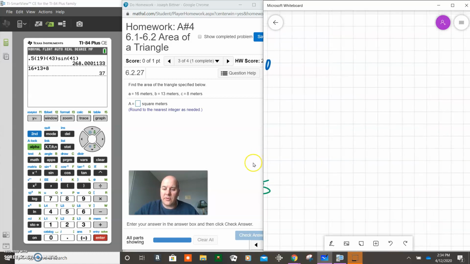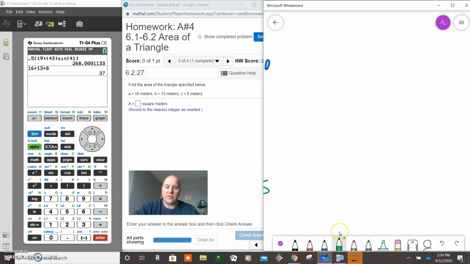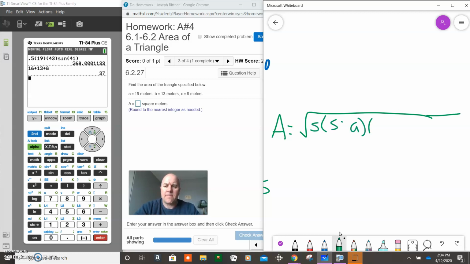All right, so as I slide this over, let's go ahead and finish this up. The rest of Heron's formula is the square root of, and this is kind of lengthy now. Again, let your calculator do all the work. S minus A, S minus B, S minus C.